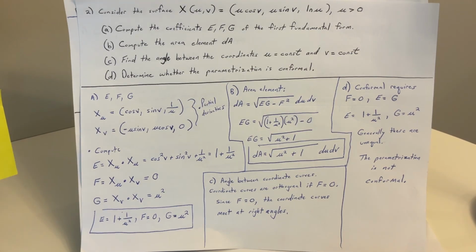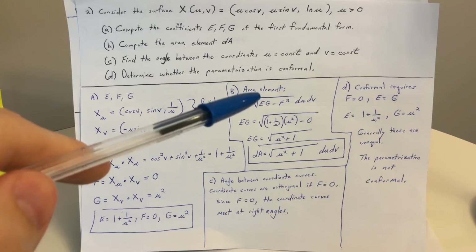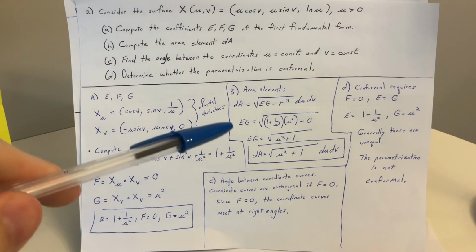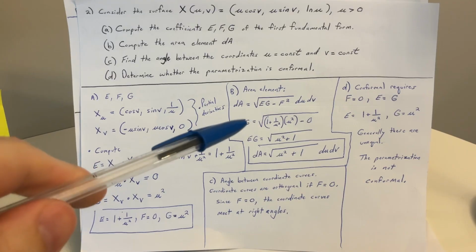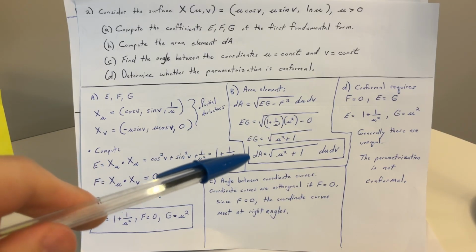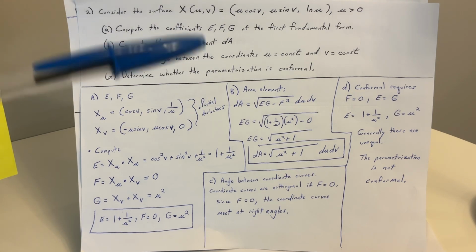So dA is the square root of EG minus F squared, du dv. We substitute what we have in for E and G. That clears out to the square root of u squared plus 1, and our dA is the square root of u squared plus 1 du dv. Just substituting and performing the computation.